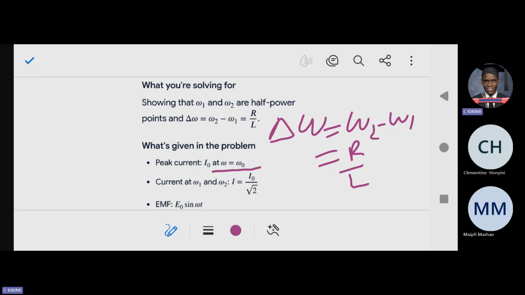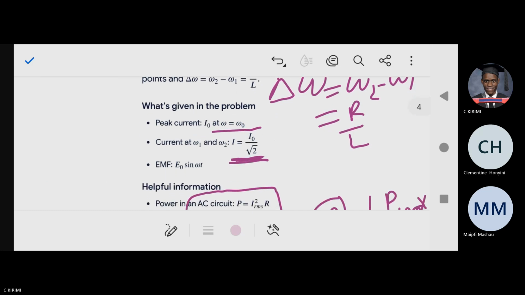And then the current at W1 and W2, which we were using in the previous question when determining the half power points, is I naught over root of 2. And then the EMF, E naught sine omega t.